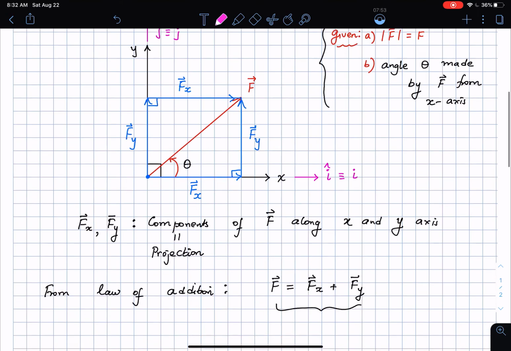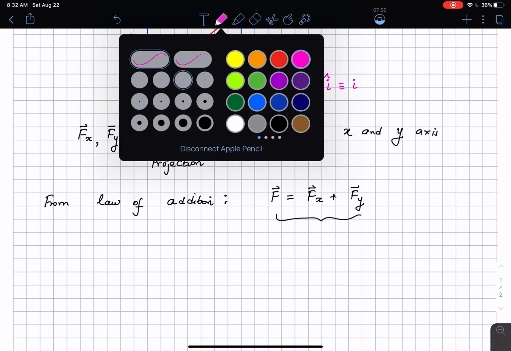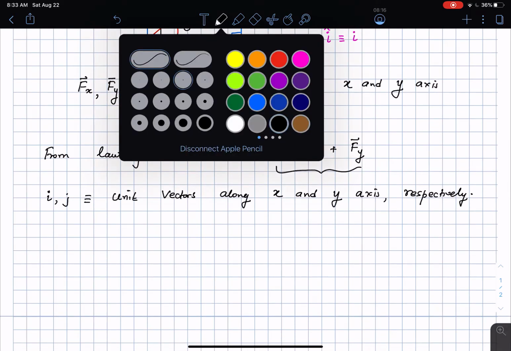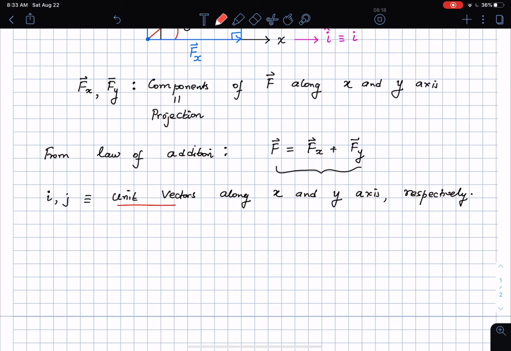So little i and little j are the unit vectors along the x and the y axis respectively. And this leads us to the question of what a unit vector is.